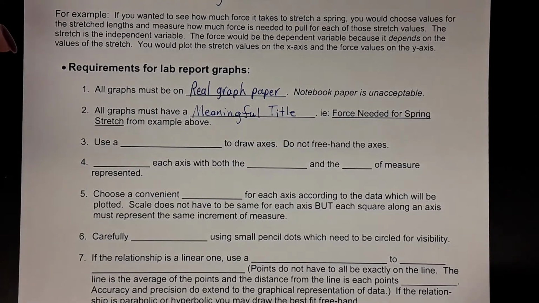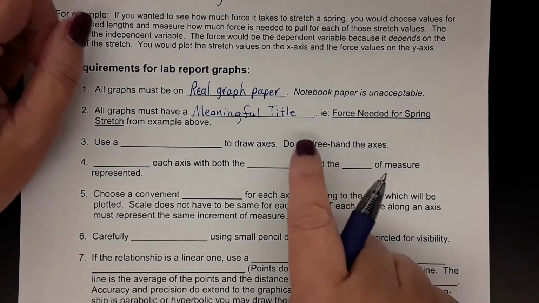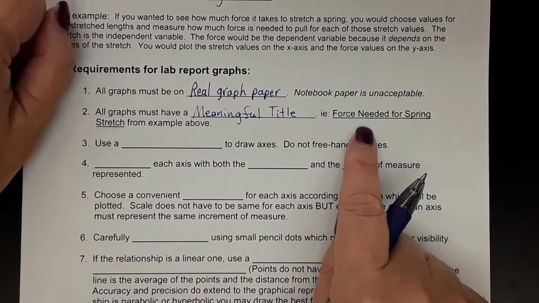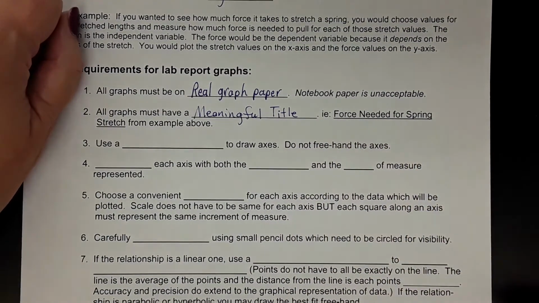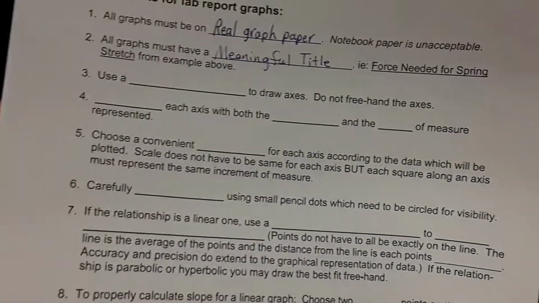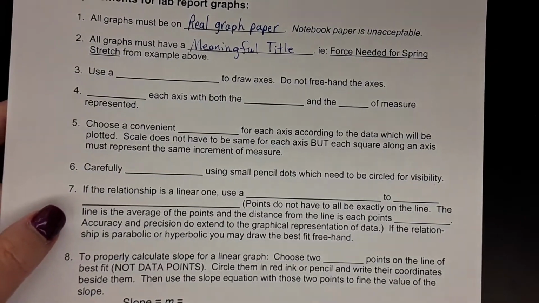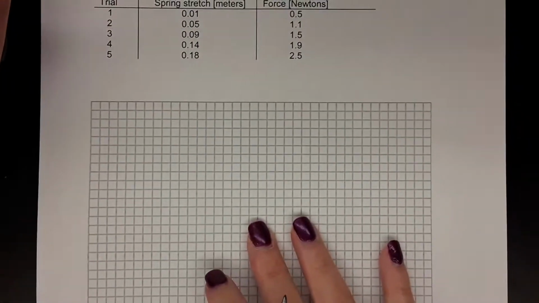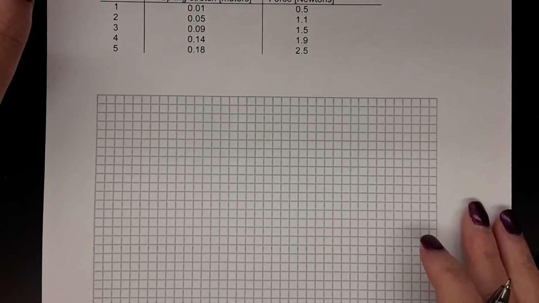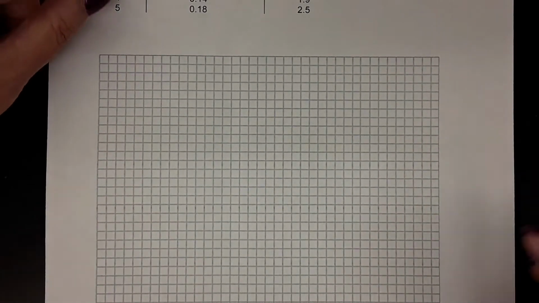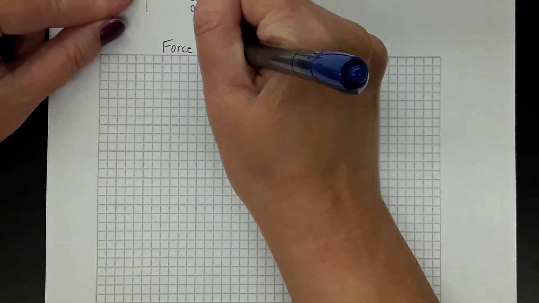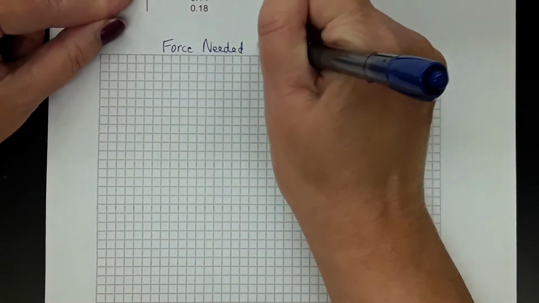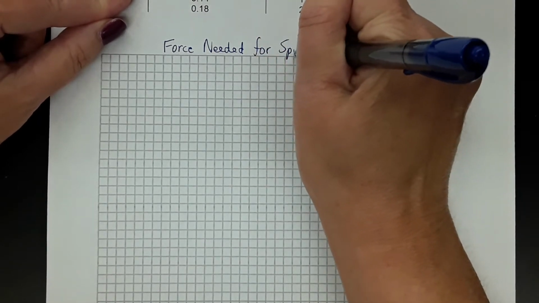So let's take a look. We're going to actually do a graph. And right here, if we're going to do a graph on the force needed for spring stretch, then that would be an excellent title. So on my paper, and you have this page with your notes also, I'm going to come over here to this blank graph grid that I have attached into your document, and we're going to put the title on: Force Needed for Spring Stretch.